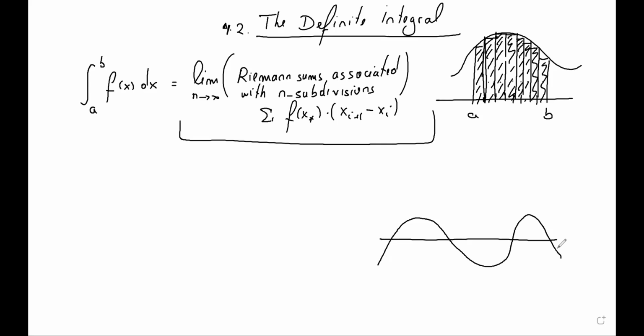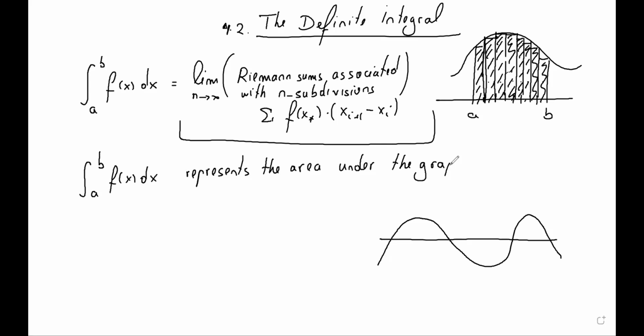If it's only above the x-axis, like in this example, the integral from a to b of f of x dx simply represents the area under the graph of f for a less than or equal to x less than or equal to b.